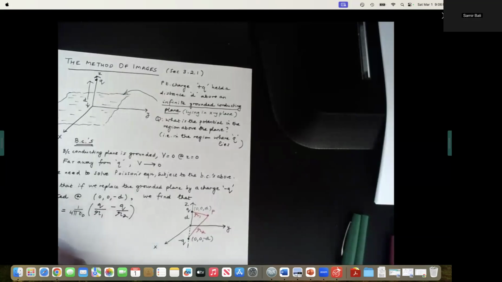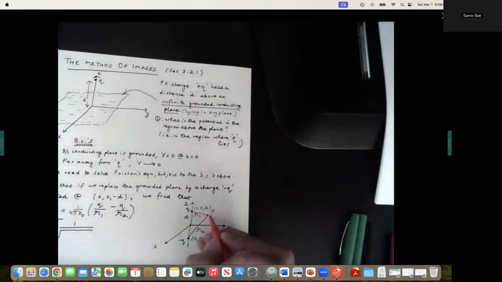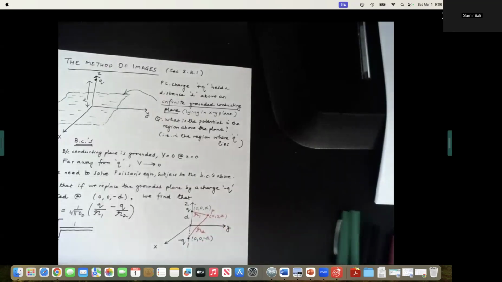So this is going to be 1 over 4 pi epsilon naught, and I can factor out the q, right? And then inside, what's the distance r1? Well, P is located at x, y, and z, right? That's what P's coordinate is.